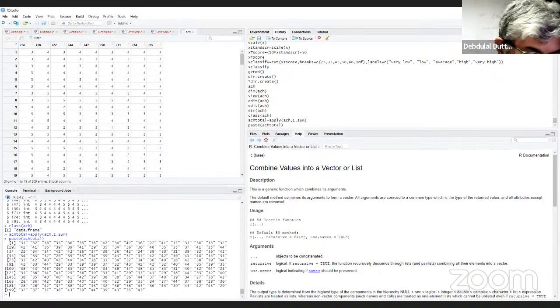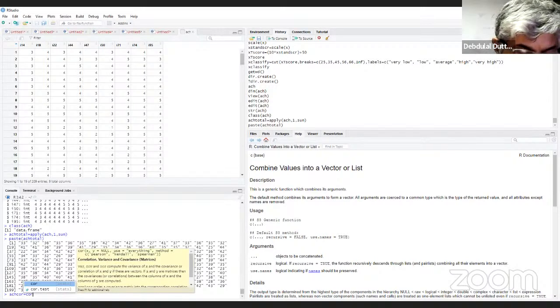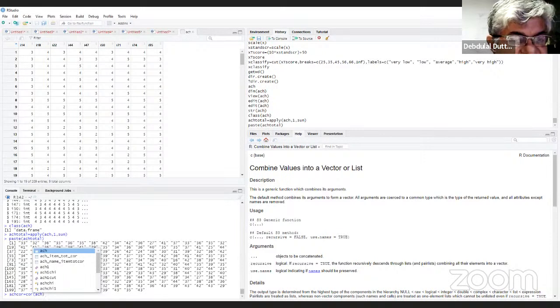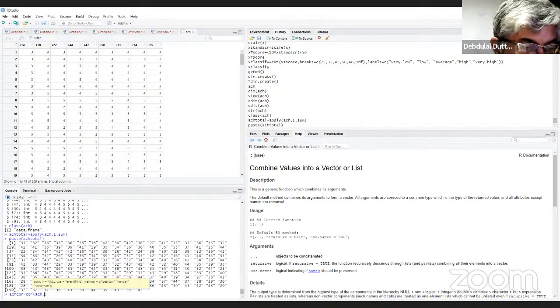So next, I am creating another vector, H code equal to COR, bracket ACH. ACH means these 9 items, comma H total.